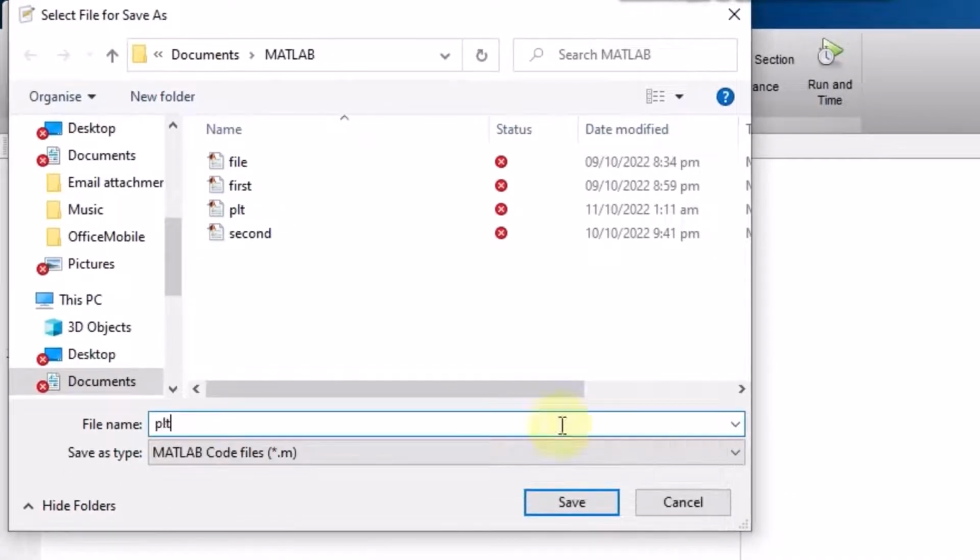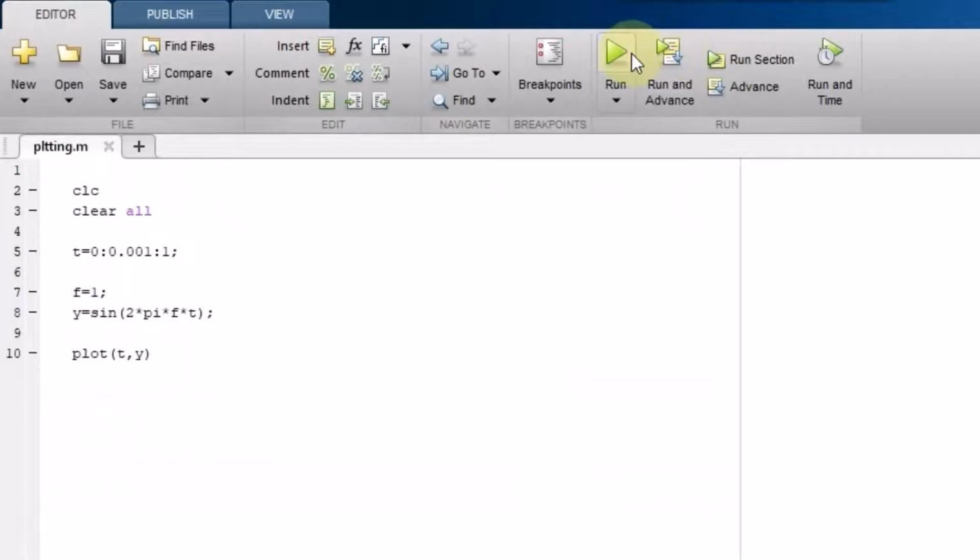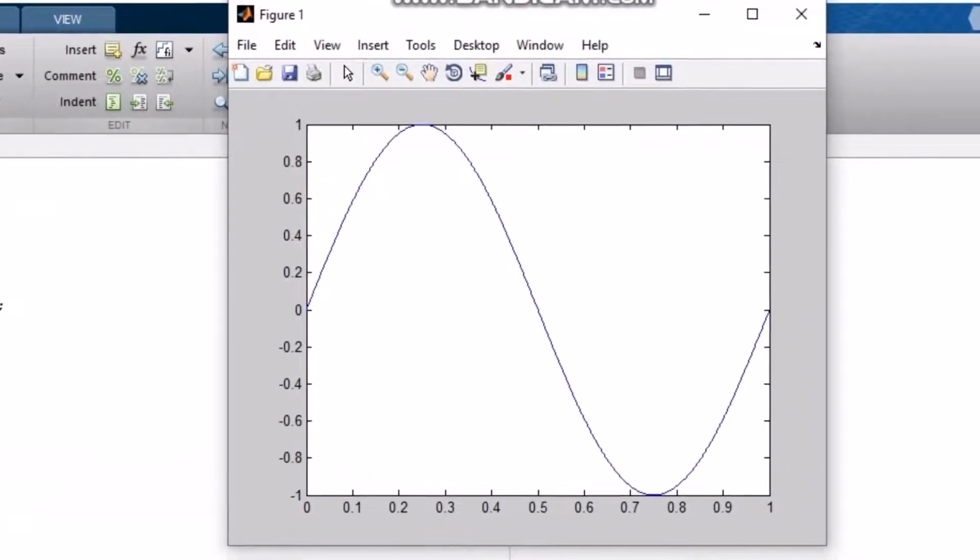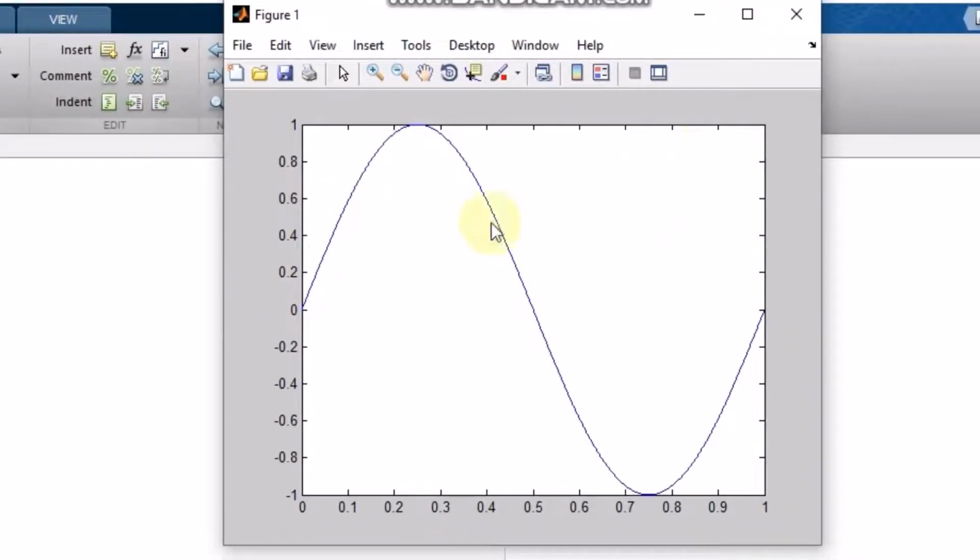Let me call it plotting and save it. And now you can see that this is the plot which I have to see. Okay, I haven't added any title here, I haven't added the grids, xlabel and ylabel as well. Okay, so this is the plot here.